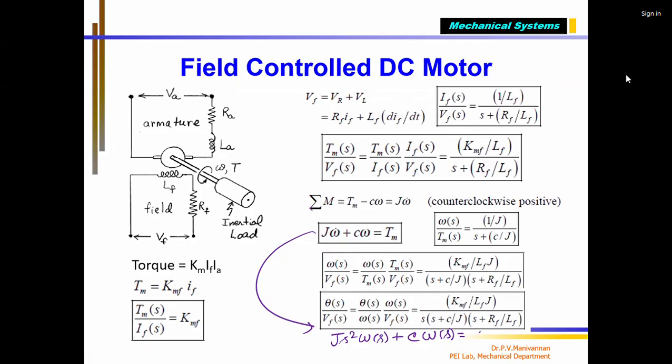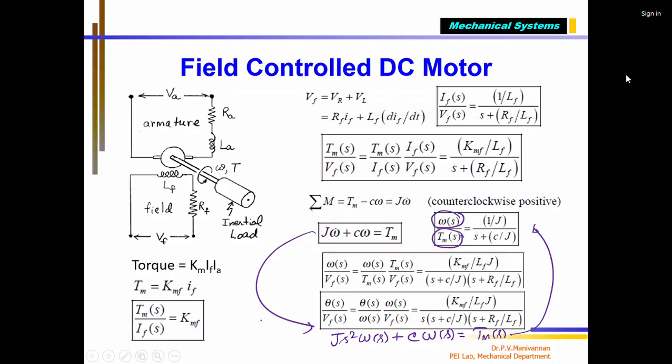Input is Tm of S. So from this I can get the transfer function. Transfer function is nothing but output of the motor, omega, angular velocity, divided by torque input to the mechanical system, which can be 1 divided by J S plus C, this one.